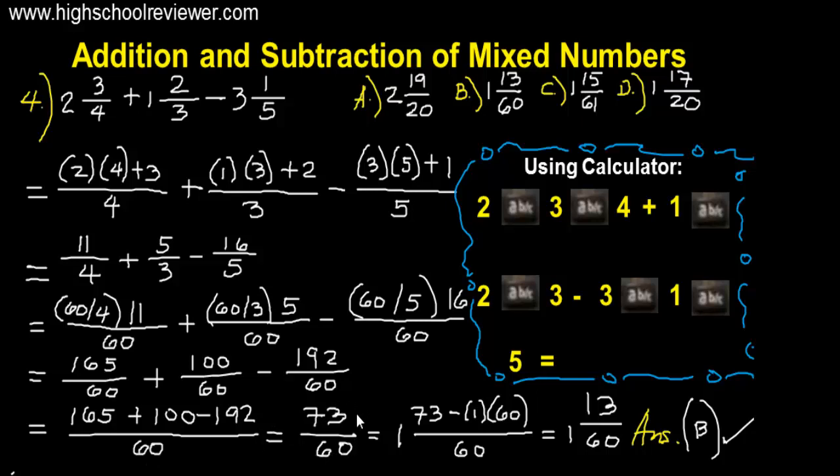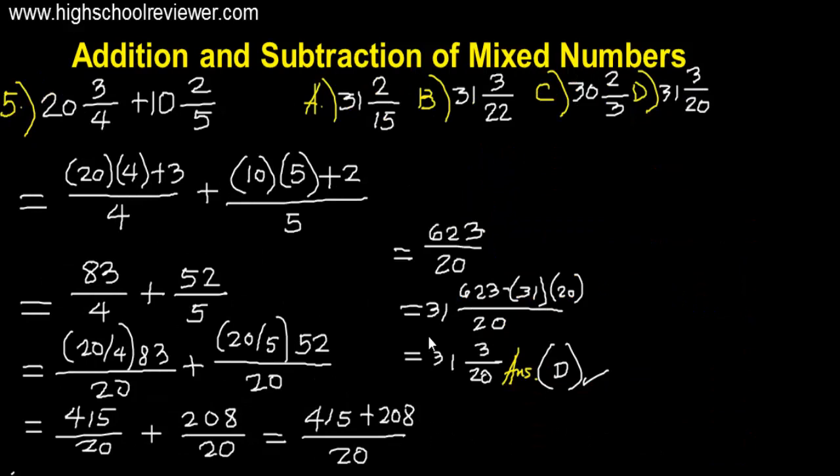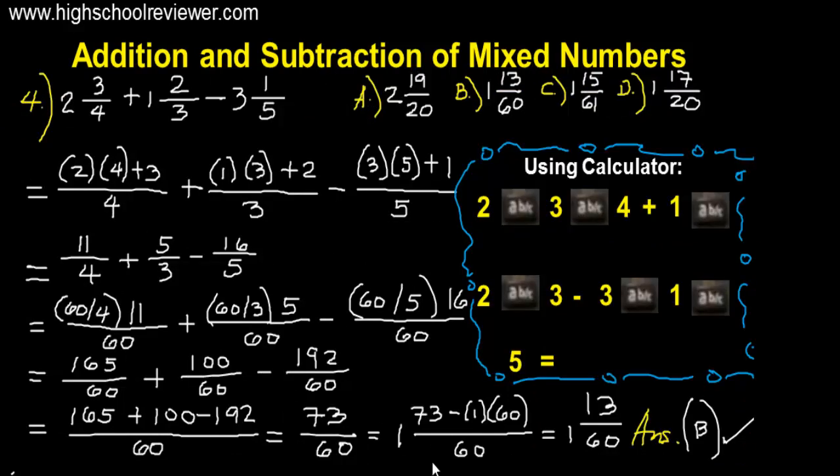here 73/60. This is not our final answer because it is an improper fraction. 73 divided by 60, the whole number is 1. Copy the denominator, and for the numerator, that will be 73 minus the product of the whole number and the denominator.